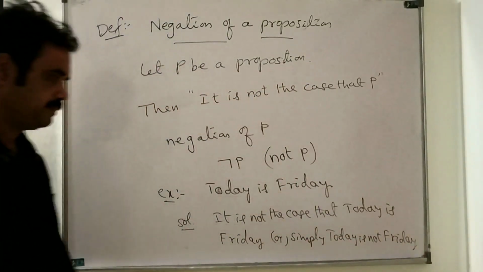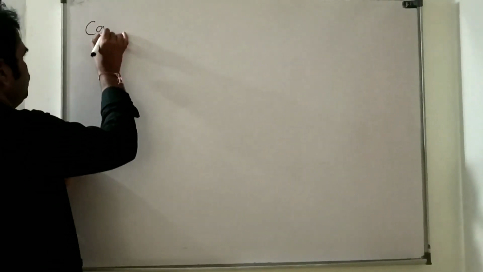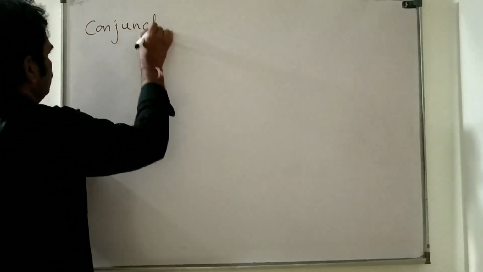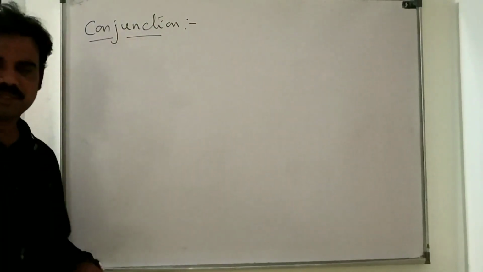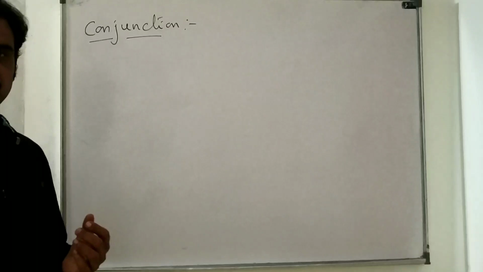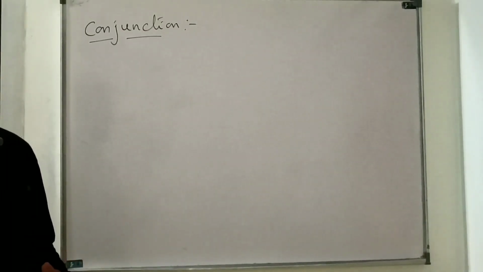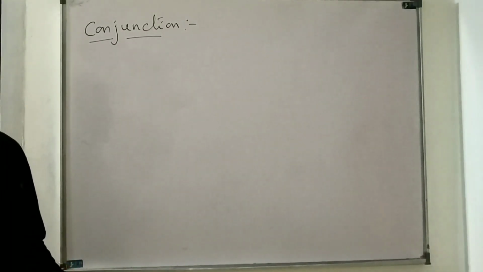Okay. Next definition, conjunction. Conjunction means a statement obtained by combining two statements by the word and.